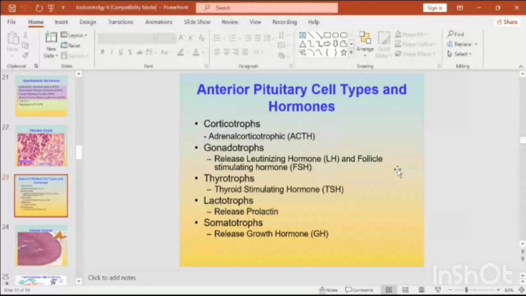We have the thyrotropes, which release thyroid stimulating hormone. Then we have the lactotropes that produce prolactin. And we have the somatotropes, from the word somatic cells, meaning they are concerned with the growth of body cells. Thus, they release the growth hormone.